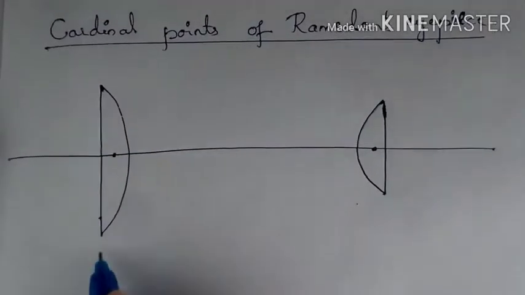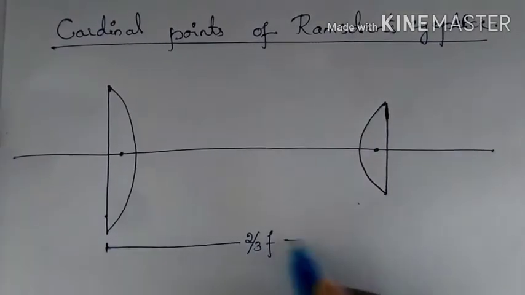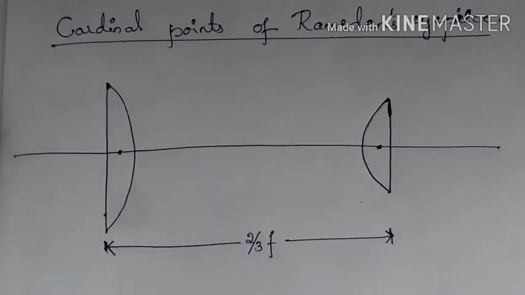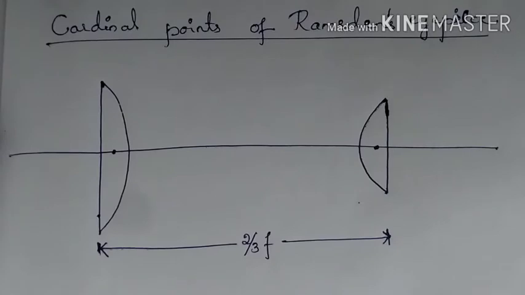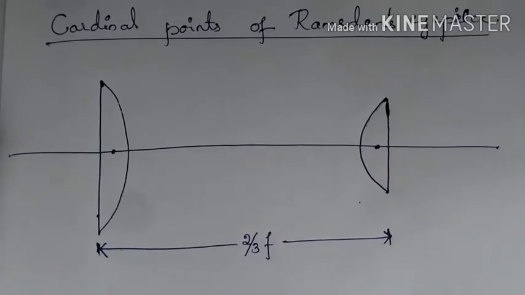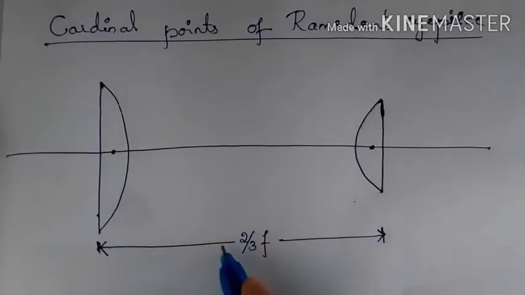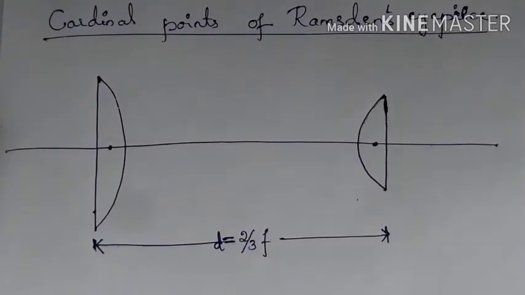We know that the distance between the two lenses for Ramsden's eyepiece is D equals 2/3 f. For this arrangement we have to find the position of the first principal plane and the position of the focal points. This separation is D, so D equals 2/3 f.